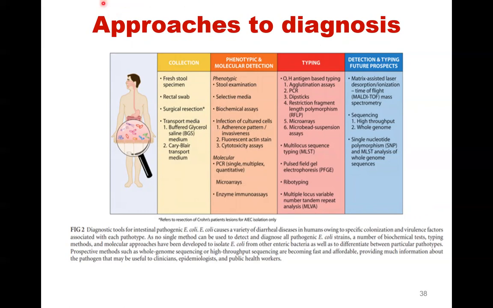So in terms of the sample you send to the lab, fresh stool sample is preferred, okay? The acute phase before you start intervening if you're going to use antibiotics. At times, this may not be possible. So a rectal swab can be sent to the lab or a surgically resected portion of the GI tract.